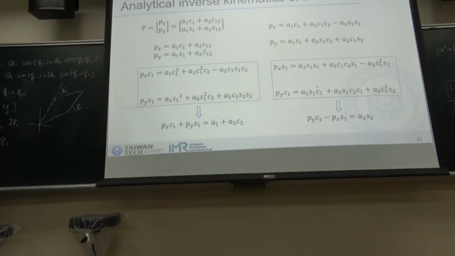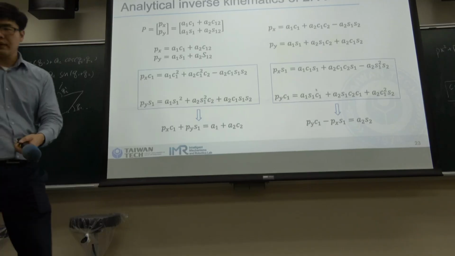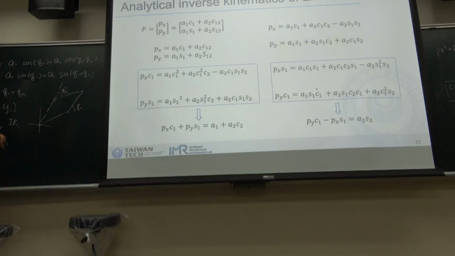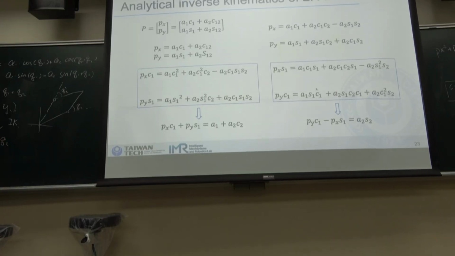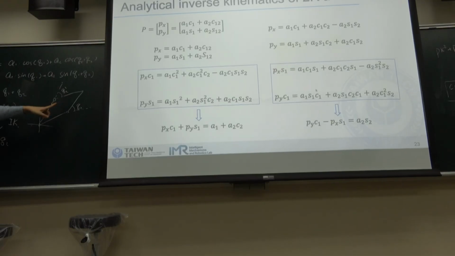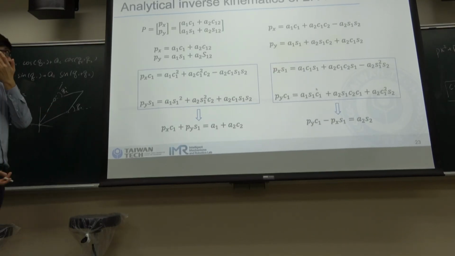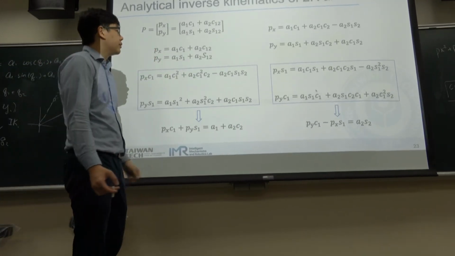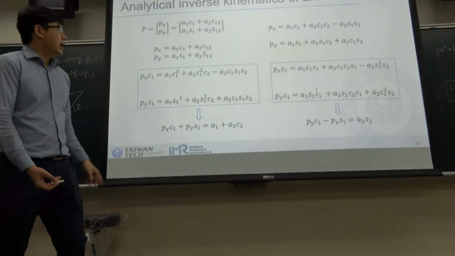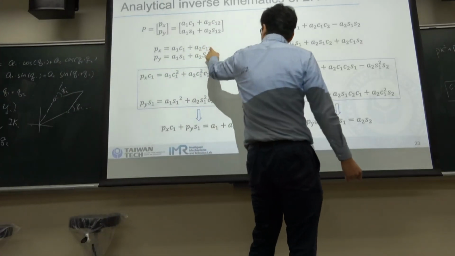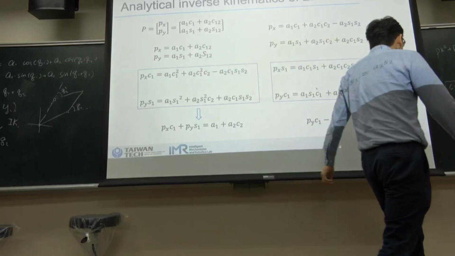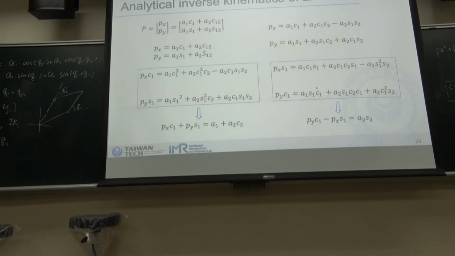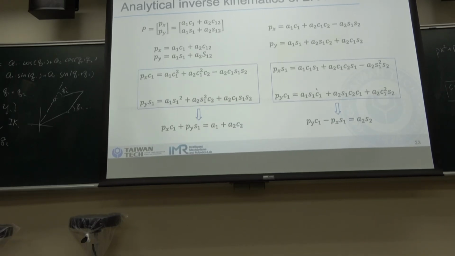And then, after we have derived the q2 values, we need to find the q1. So we already have the q2, and we want to find q1. So back to our Px and Py equation here. If you see this one, it is cosine of q1 plus q2. So we can apply this relation over here.